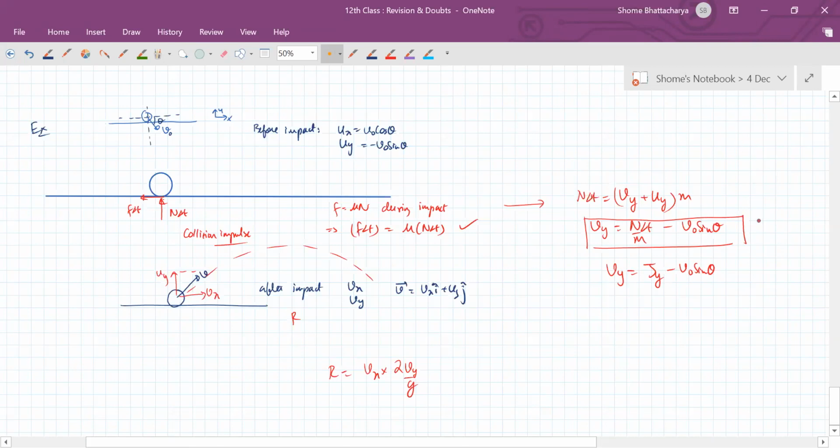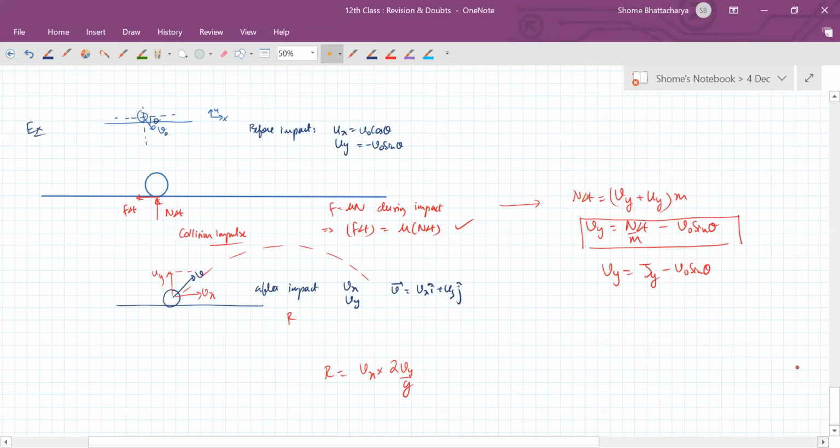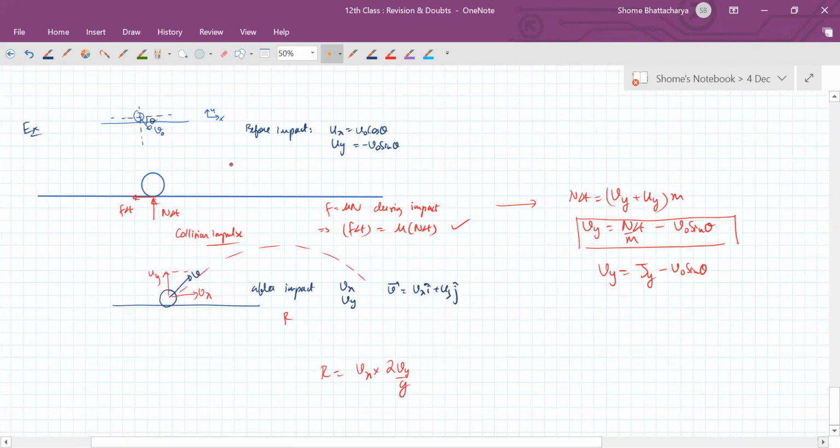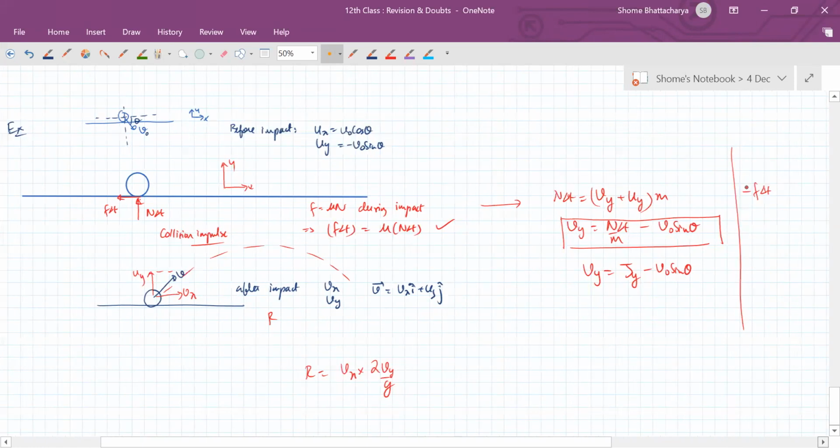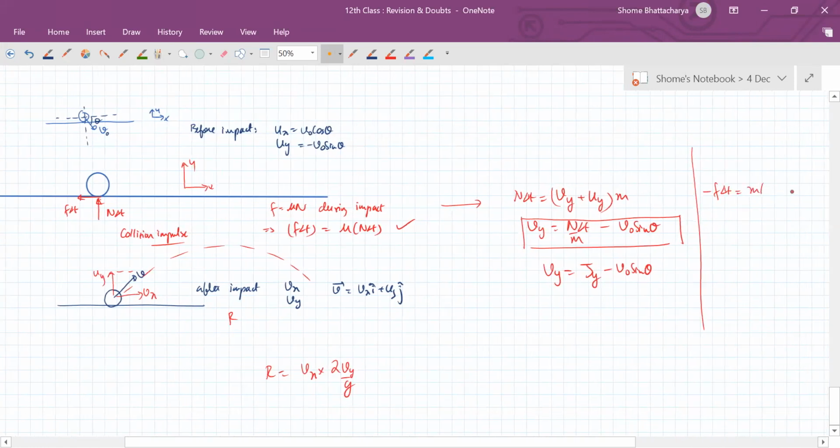Similarly, along the x-axis, remember I'm taking the x-axis like this and the y-axis like this, the impulse along the x-axis is minus f delta t, and that is equal to m times (vx minus ux).